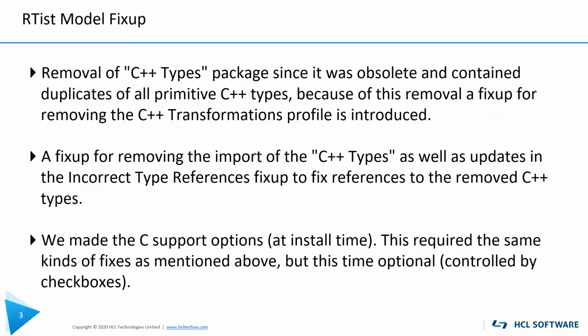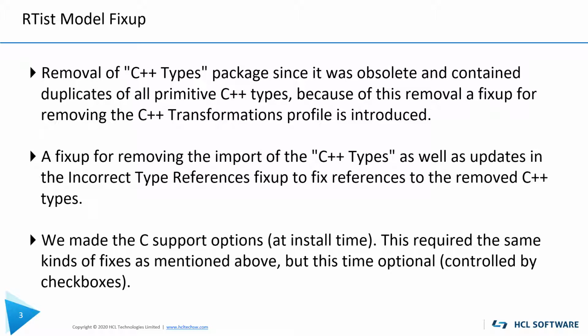if I go to my third slide, we have also worked on a few fixups that will remove the package imports for C++ type. Since we are removing the C++ type package import, we have also considered the profile removal of C++ transformation as well.